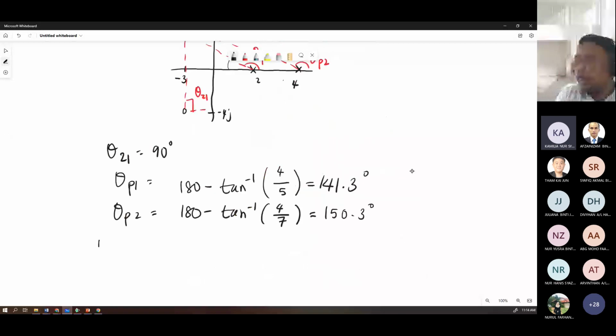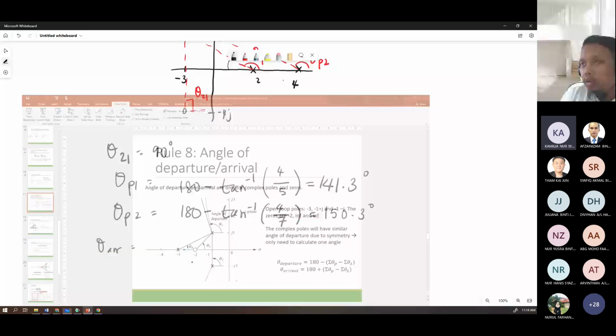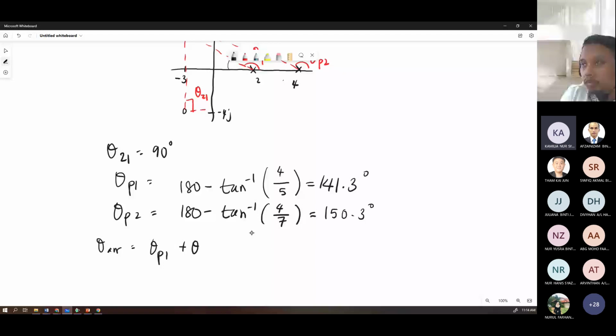So then the angle of arrival is theta P1 plus theta P2 minus theta Z1 plus 180. So you get 381.6 degrees. So it has made one circle already, so just minus 360.